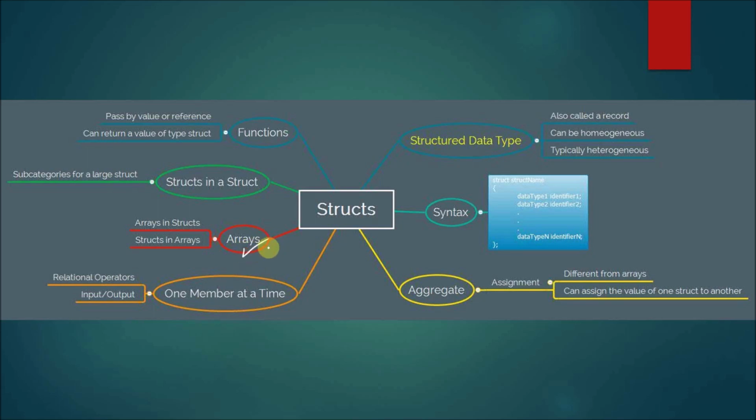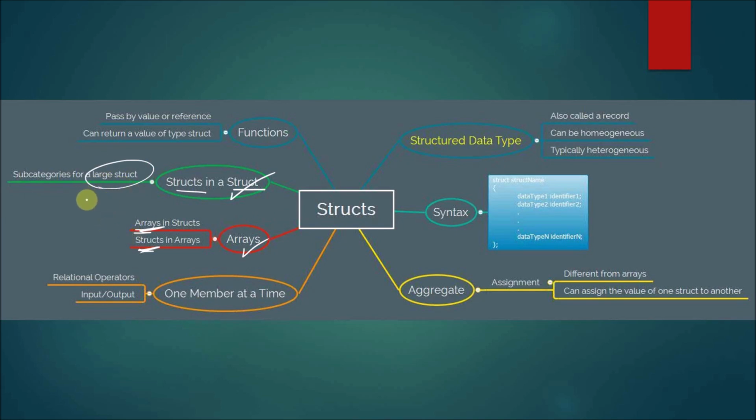With arrays and structs, you can have arrays in structs, and you can also have structs in arrays. You can also have a struct in a struct. A good example is when you have a really large struct.